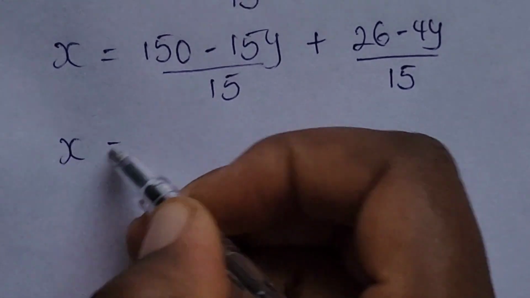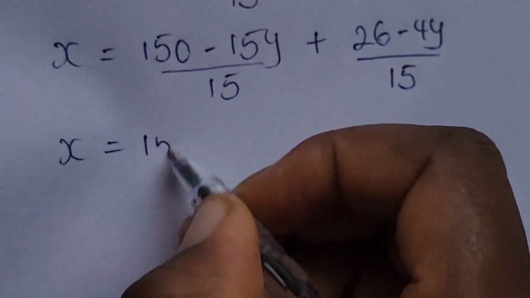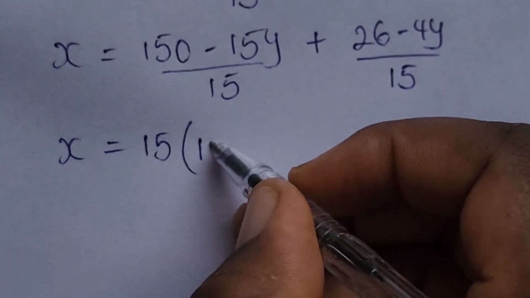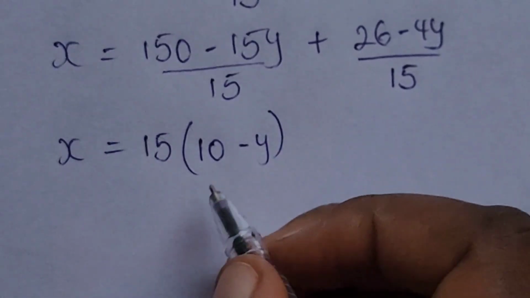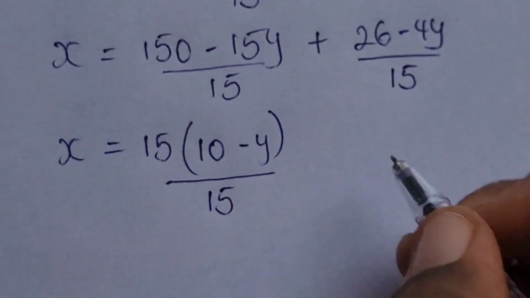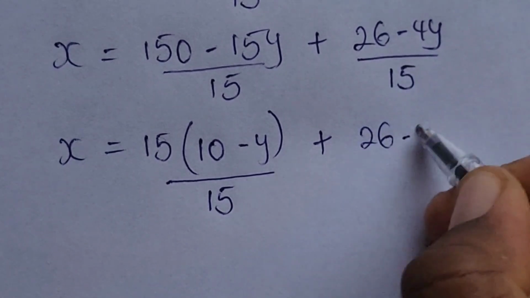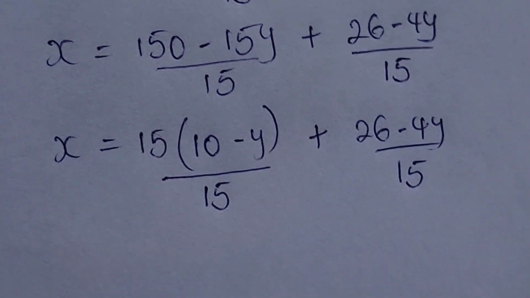From the first fraction we can factor out 15 to have 150 divided by 15, which is 10, minus y, plus 26 minus 4y all over 15.